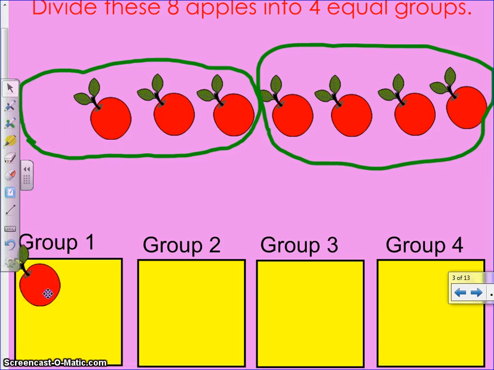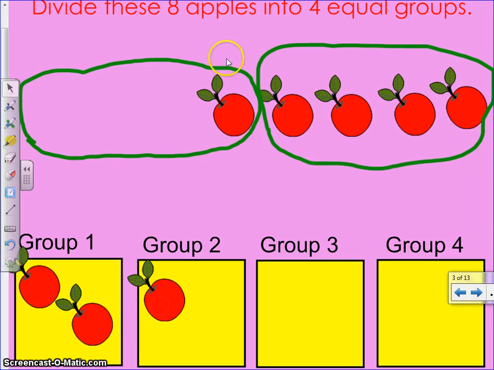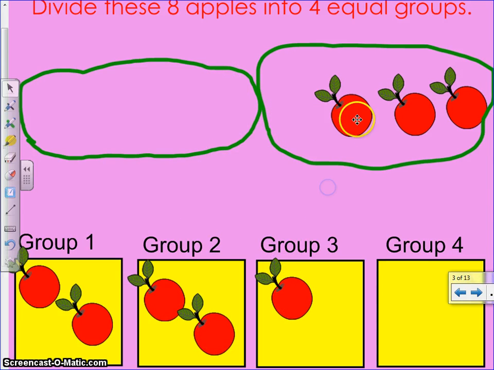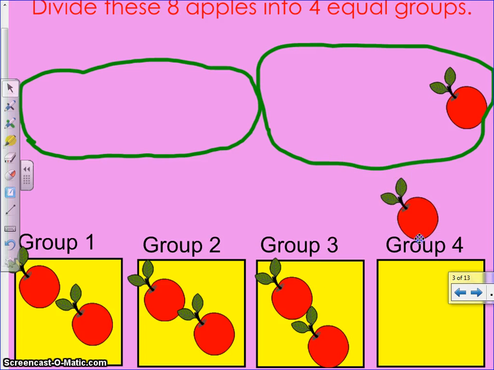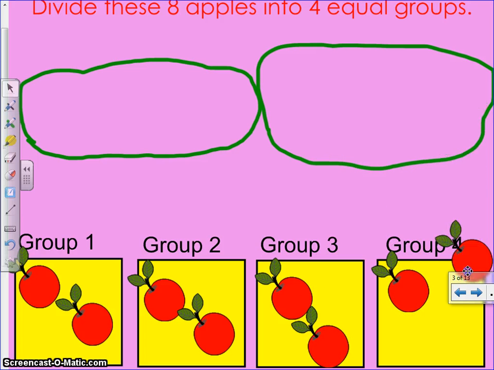And this makes sense in multiplication, because if you think about it this way, okay, let's separate these into my groups again. If you guys had seen this problem and I said, well, what's the repeated addition, or what's the multiplication sentence, you would say, oh, it's 2 apples plus 2 apples plus 2 plus 2, or I would have 4 2's. So 4 times 2 is equal to 8 apples altogether.